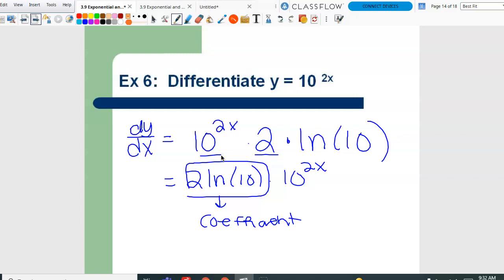In the case of your problem, you were trying to say 2 times 10 to the 2x was equal to 20 to the 2x, but no. Even if you plugged in x equals 2, I don't want to plug in big numbers, 10 to the 4 is 10,000 times. You got me.